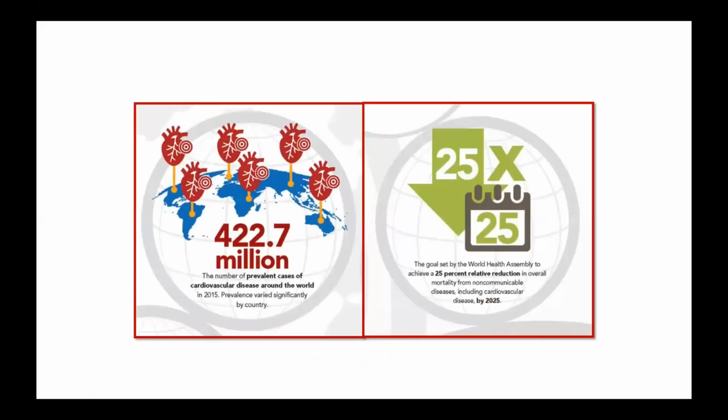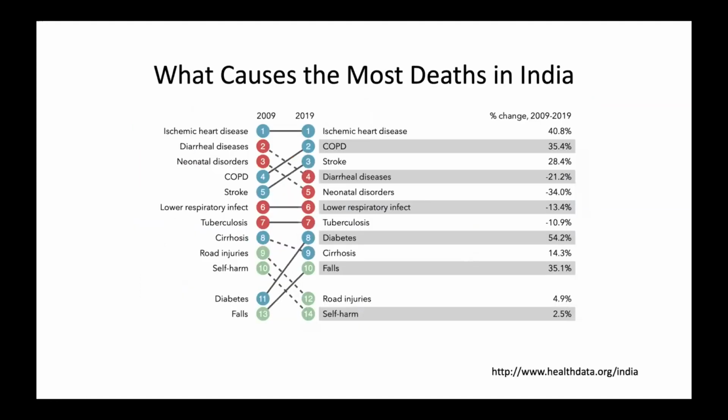Around 450 million individuals are suffering from coronary artery disease, and this was data of 2015. Seeing the prevalence of cardiovascular disease, WHO has set a goal of a 25% reduction in non-communicable disease, which is predominantly cardiovascular disease, by 2025.